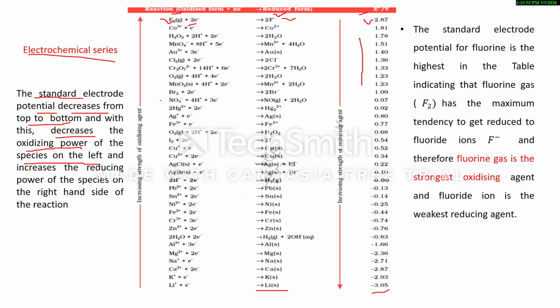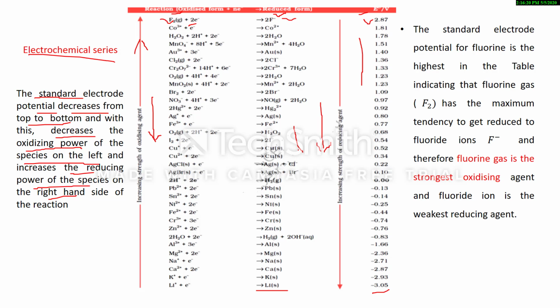The left is this side. Down the group, oxidizing power decreases, and if we go above, oxidizing power increases, and the reducing power of the species on the right hand side increases. This is your right hand side. If we go from top to bottom, the reducing power of these species will increase.